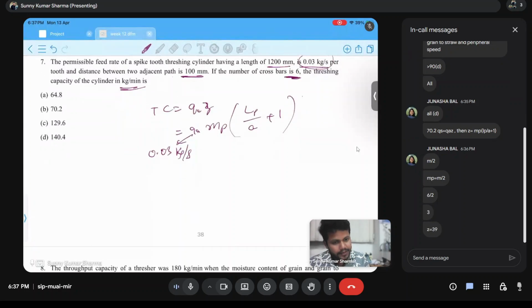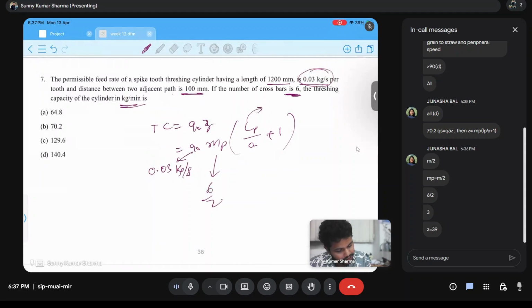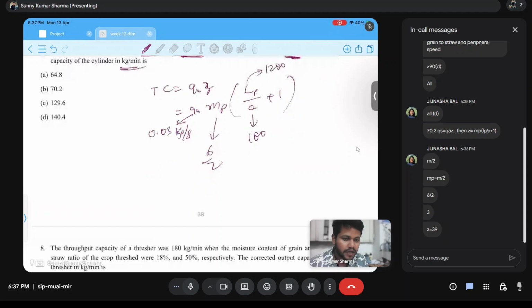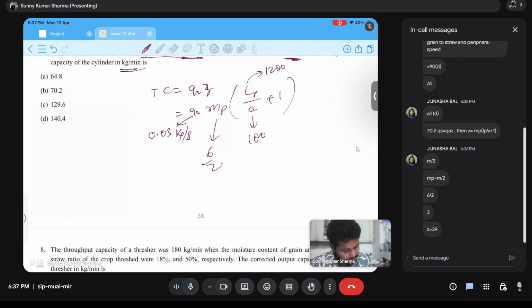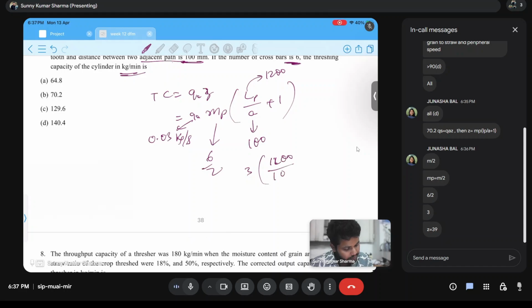So number of pitch will be 6 by 2, and LP is the length of this cylinder. So length of cylinder is 1200 mm, and A is the distance between two adjacent paths, which is 100 mm. So we can calculate this, Z will become 39. We can see here 3 into 1200 by 100 plus 1.